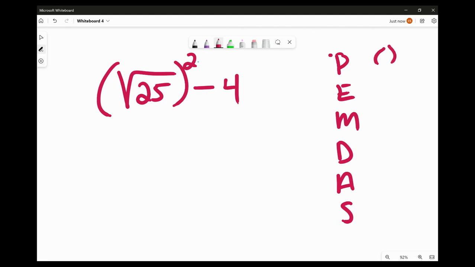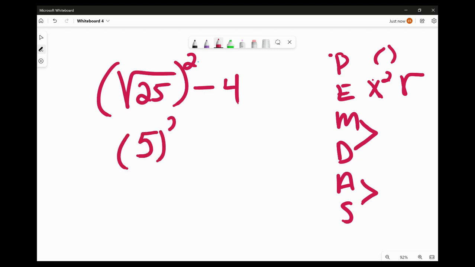Which means parentheses, exponents, which includes square roots, multiplication or division, whichever comes first, and then addition or subtraction, whichever comes first. So here I'm going to go to the parentheses and I'm going to take the square root of 25, which is 5. And then I still have the squared, and so it looks like this. And then I would do the exponent, 5 squared, which is 25 minus 4, and 25 minus 4 is 21.